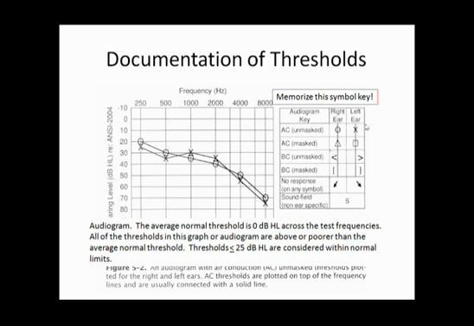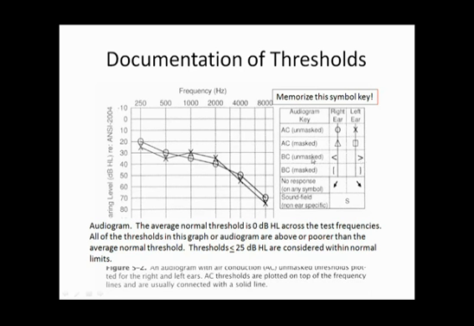We have, again, those bone conduction symbols that look like a sideways V. When they open to the right, that indicates an unmasked bone conduction threshold when the bone transducer was placed on the right ear. This bone conduction symbol, where it opens to the left, is a left bone conduction symbol. That means that the threshold was obtained when the bone conduction vibrator was placed on the left ear.